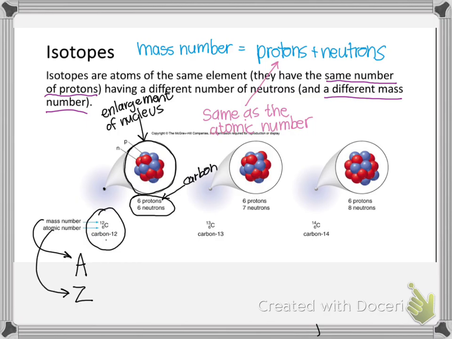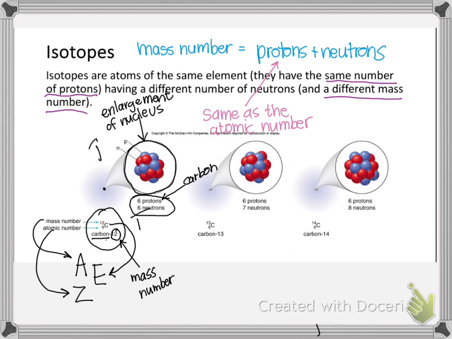And then the element symbol goes here. If we wanted to write it, you can write the name of the element, then a dash, and then the number after it is the mass number. So here are 3 examples of what carbon would be. Protons plus neutrons is the mass number.